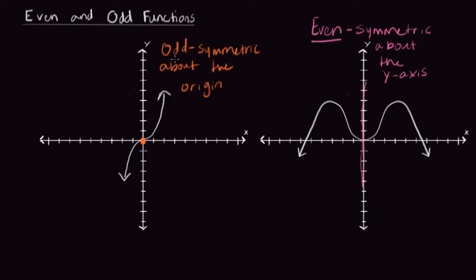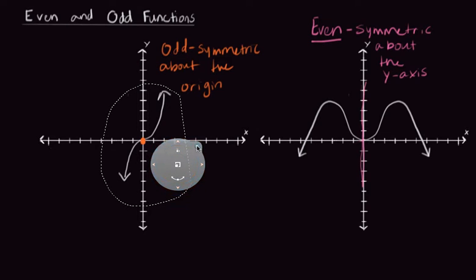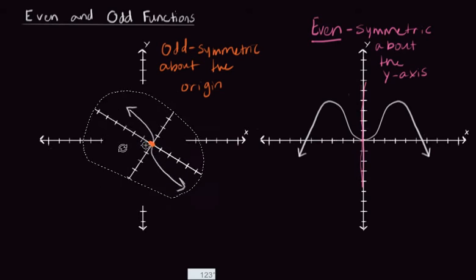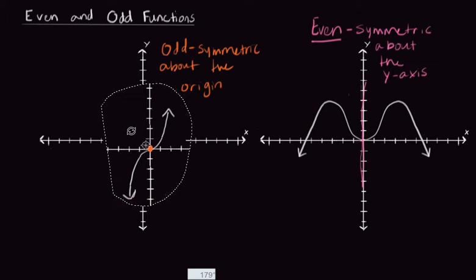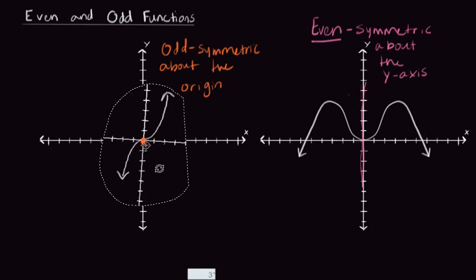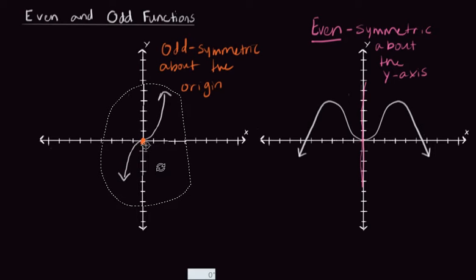If we rotated this whole function by 180 degrees, let me see if I can do that. So if we rotated the function by 180 degrees, like this. Oops. It's not coming quite back to the same spot, but you can see that the function looks the same. Now I'm going to keep going so we can go back to the original spot.